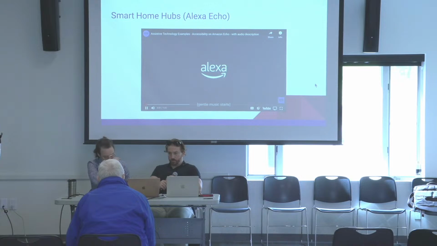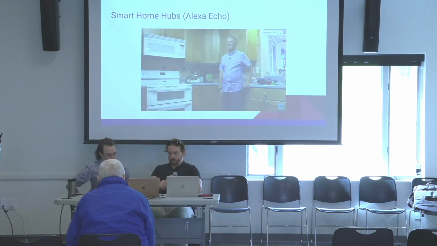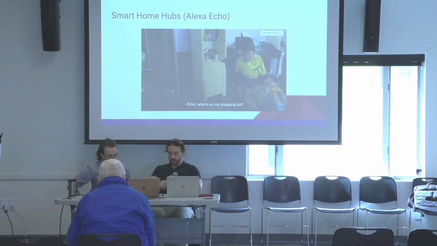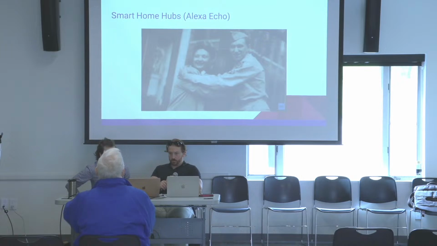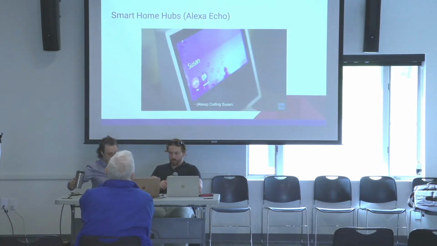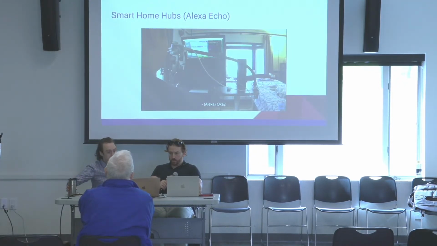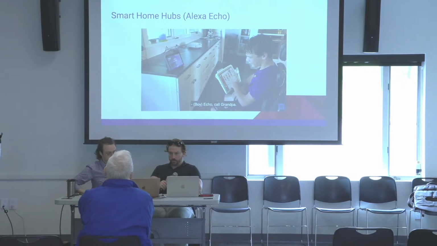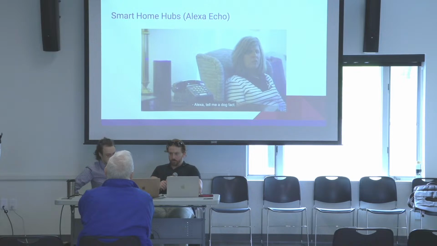Words appear. This is Alexa for every day. Alexa, turn on kitchen. Lights illuminate. Echo, what's on my shopping list? You have 3 items on your shopping list. A black and white photo of a soldier and a woman. Alexa, call Sam and Susan. Calling Susan. A man in a power chair. Alexa, turn on bedroom lights. Okay. Echo, call Grandpa. Calling Grandpa. A woman with a guide dog. Alexa, tell me a dog fact.